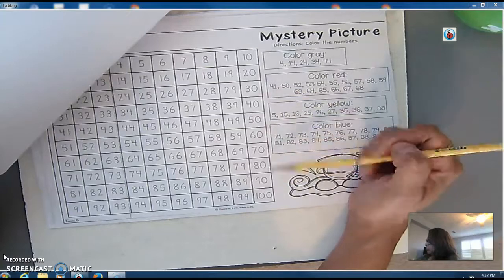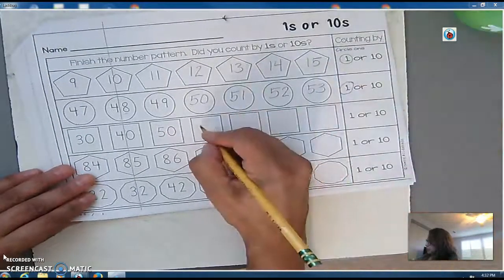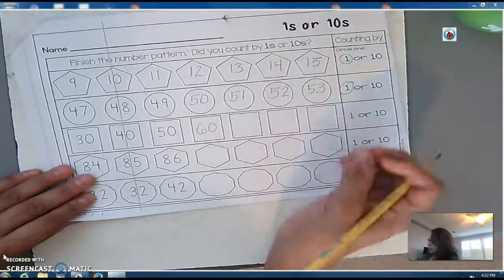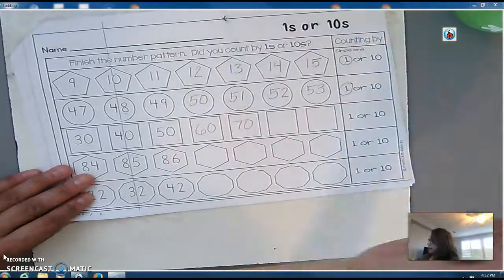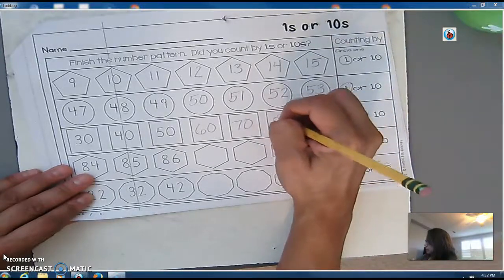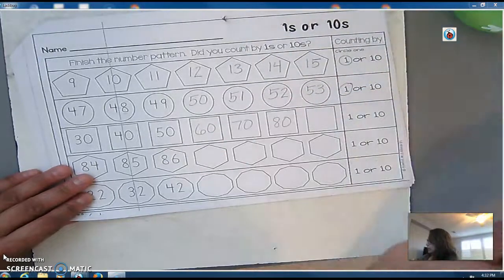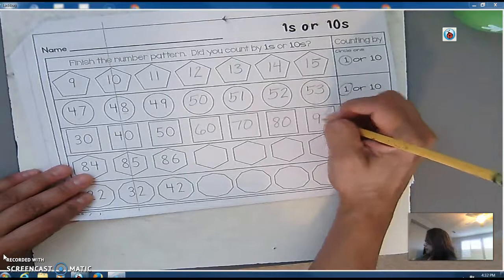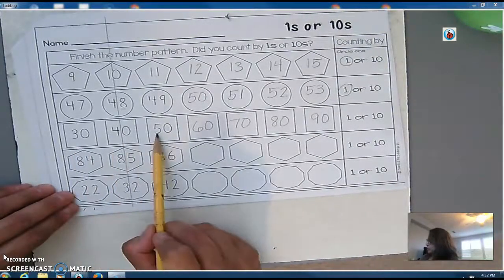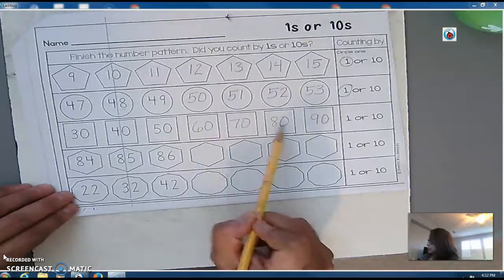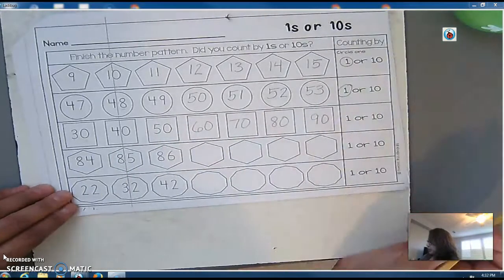We're going down, so that means we're counting by tens. So let's do 60. And if we add another 10, now it'll be 70. Add another 10, then it will be 80. Add another 10, 90. So notice the first number is the one that's changing. So that means we're counting by tens.